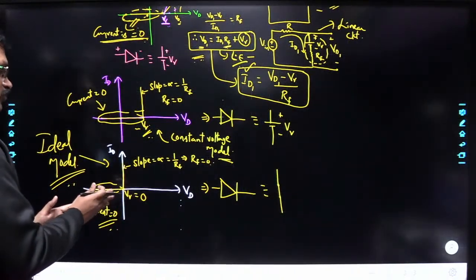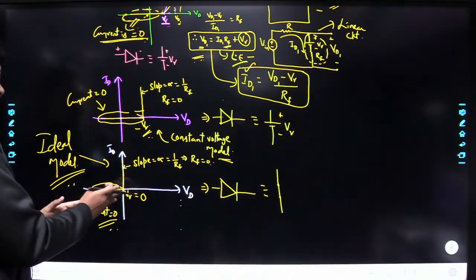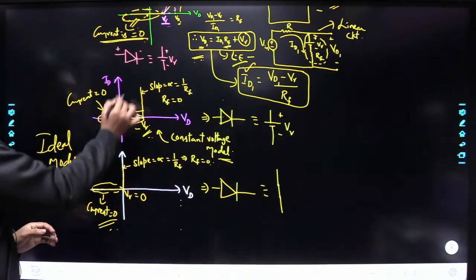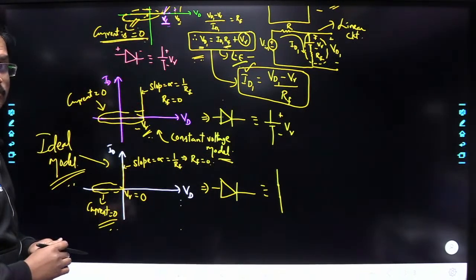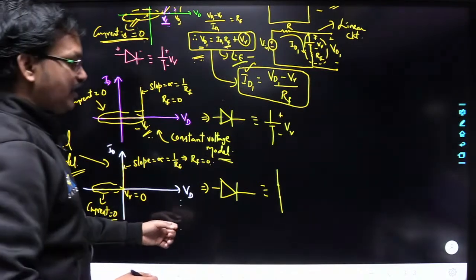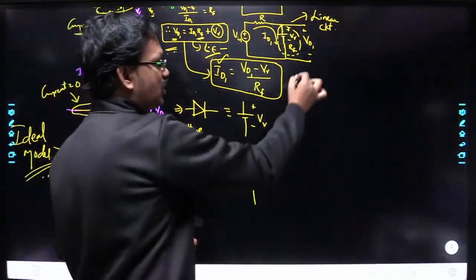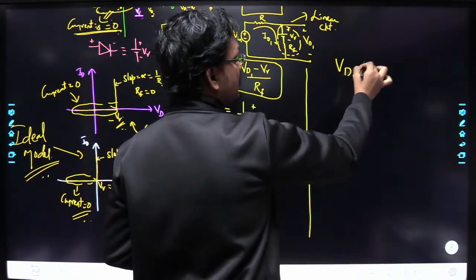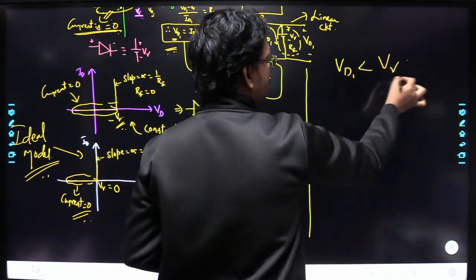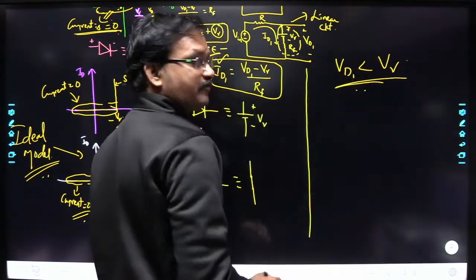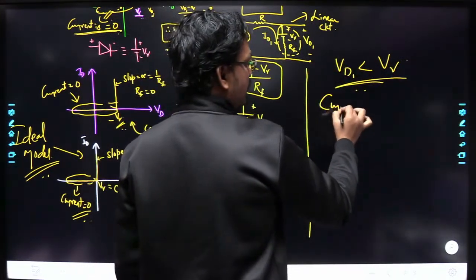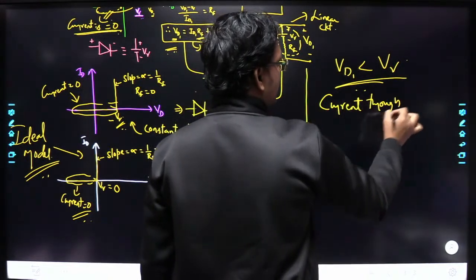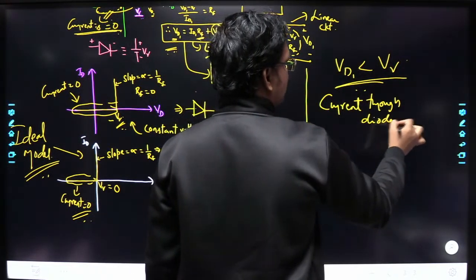That means if you operate the diode below the cut-in voltage, then the current through the diode is almost equal to 0. So whenever you operate the diode such that VD1 is less than V gamma, the current through the diode is negligible. Yes or no?